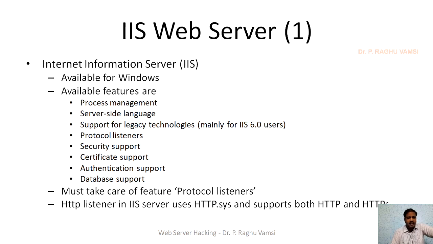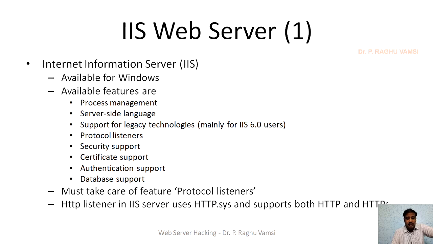Available features are like this: process management, and server side languages will be supported here. Support for legacy technologies, like the old technologies, can also be integrated with this. We started from the IIS 6.0 version onwards, with protocol listeners, security support, certificate support, authentication support, database support.